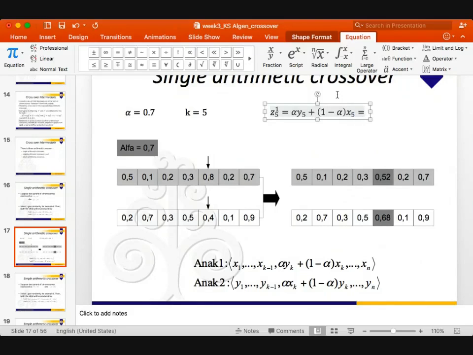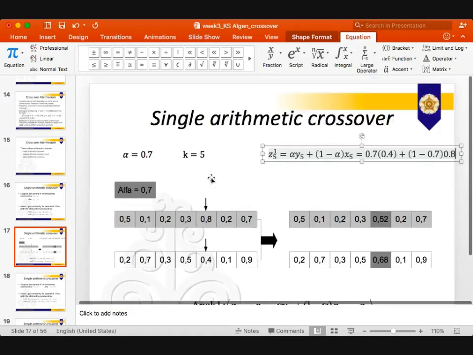So it equals 0.7 times Y5, which is 0.4, plus 1 minus 0.7 times X5, which is 0.8.